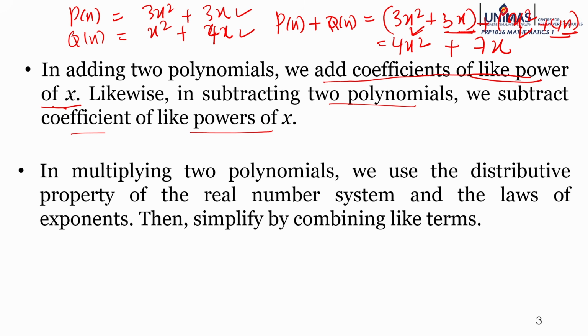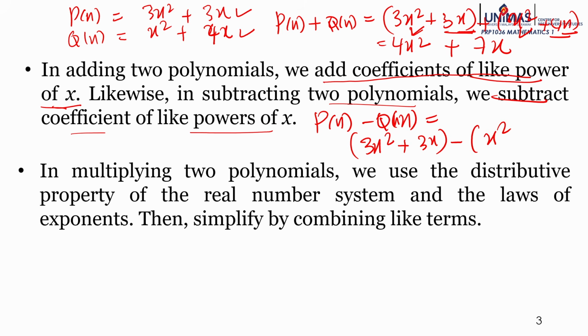What is the answer when we solve for the subtraction? For example, we have P(x) minus Q(x). That means 3x squared plus 3x minus x squared plus 4x. Same, we subtract coefficients of like powers.